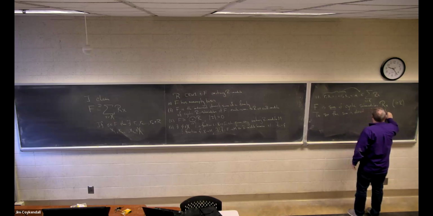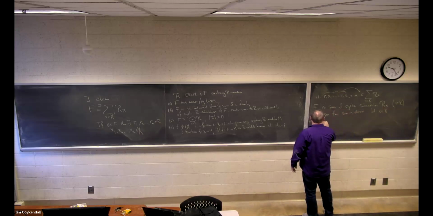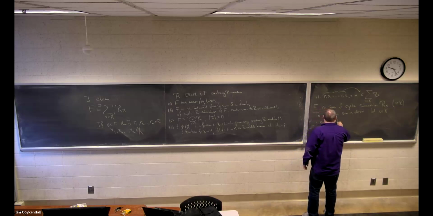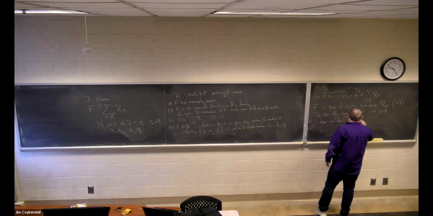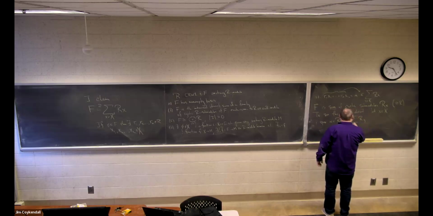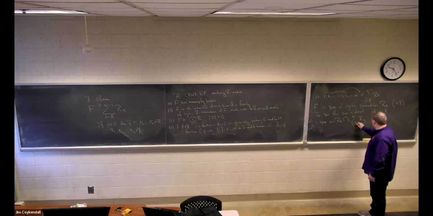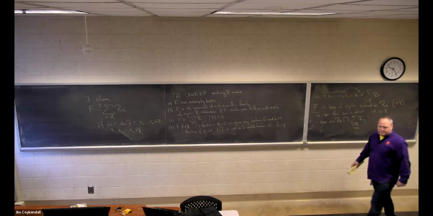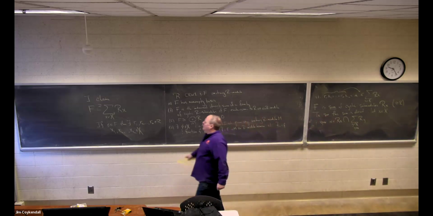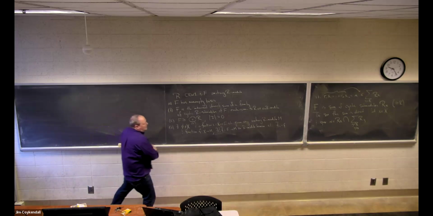Let x be in X, and suppose alpha is in Rx intersect Ry, where y is in X, but y is not equal to x. Okay. Well, what does this mean?